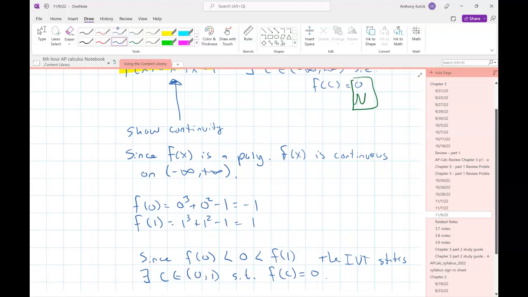And all you need to do is show continuity and then find two y values that sandwich the desired y value, and you know you have what you need. Is that okay? So you want to use this if you want to find a specific x.